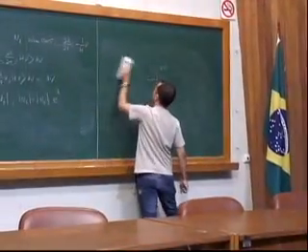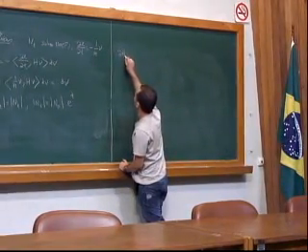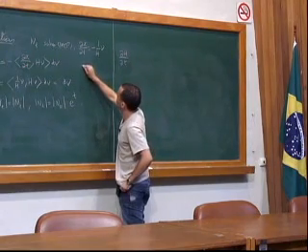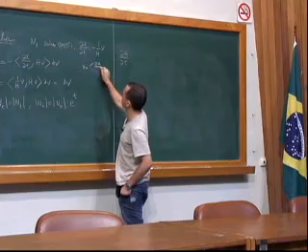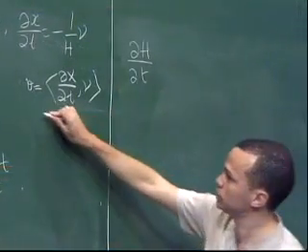Now we have to differentiate the mean curvature. What happens to the mean curvature? I'm going to denote by v the velocity vector, which is just dx/dt, and its scalar product with nu is the velocity of the flow.